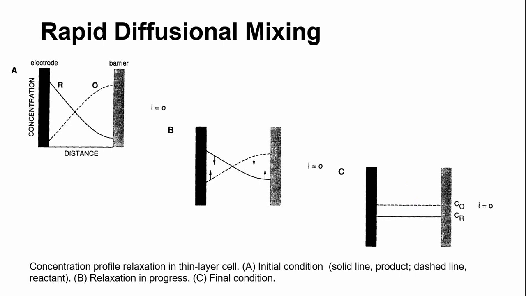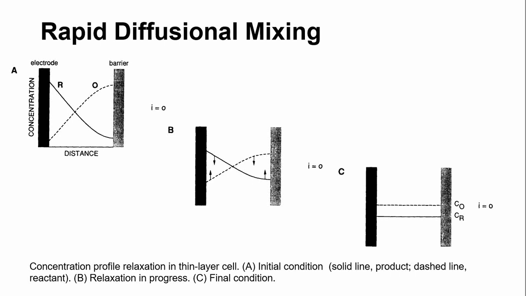If the same is done in experiments looking at the bulk solution, that is, at the semi-infinite condition, then this process will take a very long time for the reduced and oxidized species to become stable and reach equilibrium. But here, since the diffusion mixing is very fast, it happens in an instant and doesn't take a very long time.